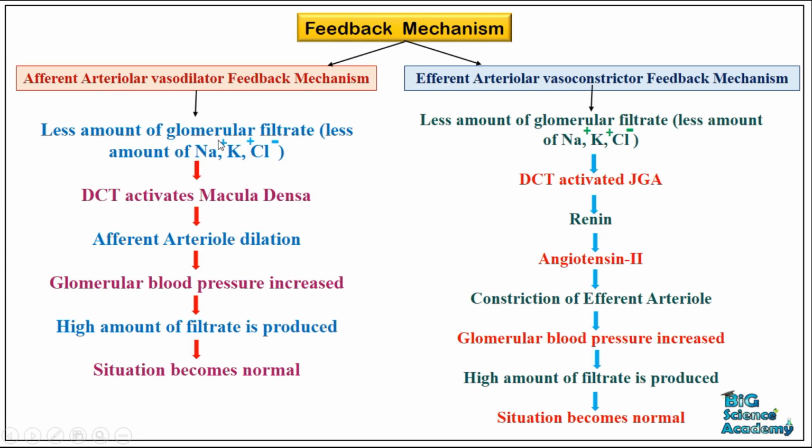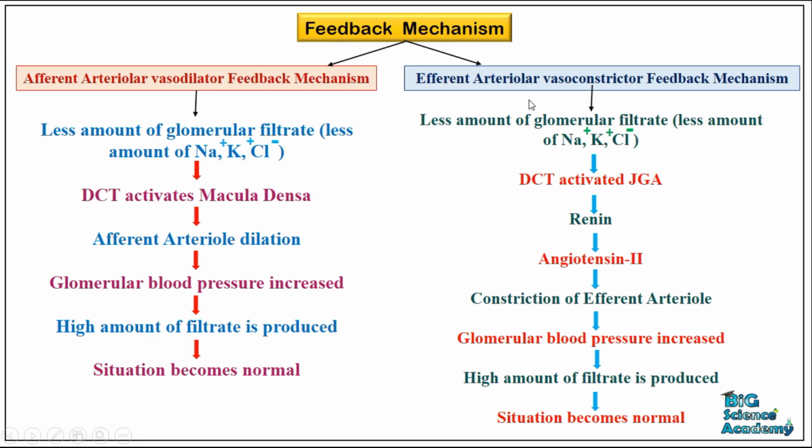If a lesser amount of glomerular filtrate, that is, less sodium ion, potassium ion and chloride ions, goes to the distal convoluted tubules, it activates the macula densa and that causes dilation of the afferent arterioles. This in turn increases the blood pressure in the glomerulus, and due to the increased blood pressure, the filtrate production also increases and ultimately the situation becomes normal.